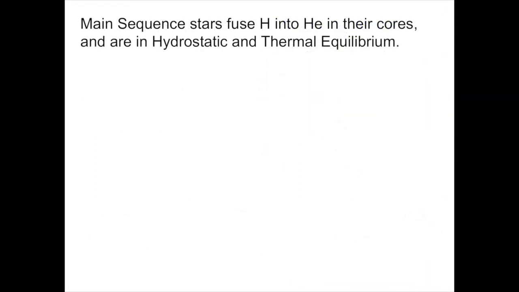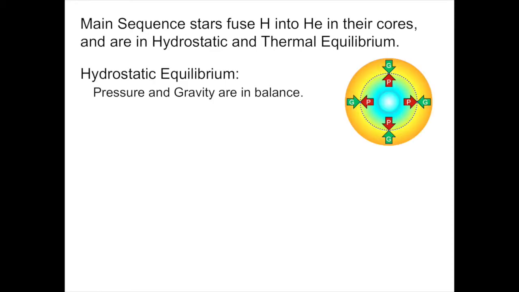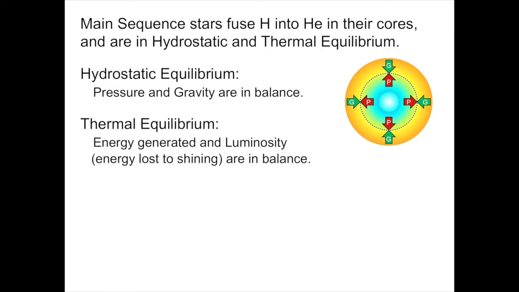Main sequence stars are main sequence stars because of their energy source. Main sequence stars are those stars that fuse hydrogen to helium in their cores and are in both hydrostatic and thermal equilibrium. You'll remember that hydrostatic equilibrium is when pressure and gravity within the star are in approximate balance. Thermal equilibrium is when the energy generated and the luminosity, the amount of energy being lost to shining, are also in balance.